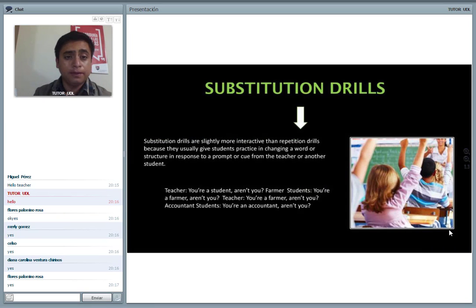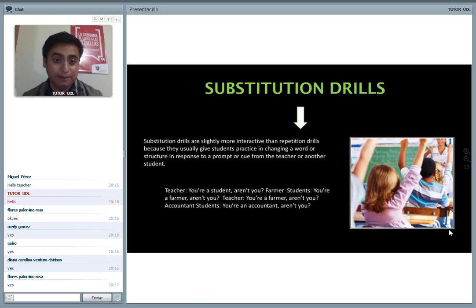The next one that we have today in class is substitution drills. Do you remember this kind of drills? Substitution drills are more interactive than repetition drills. When you have repetition drills, it's just mechanical because the students are just repeating what you are saying. They are not producing anything.